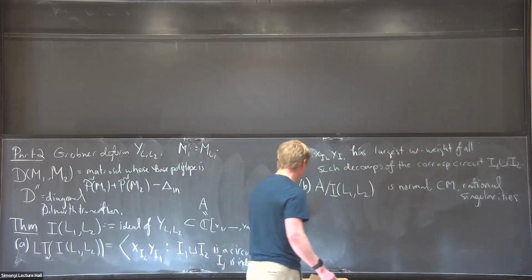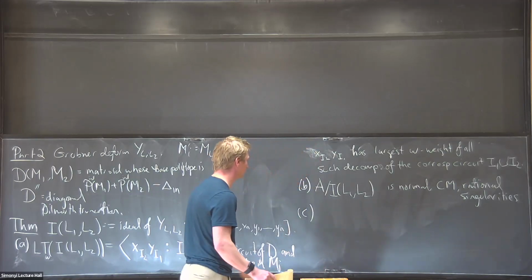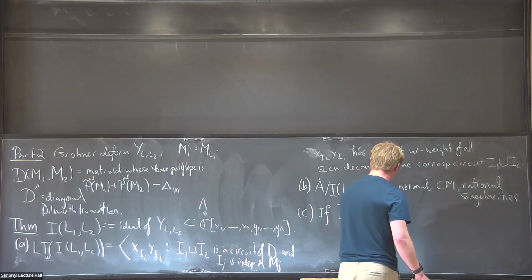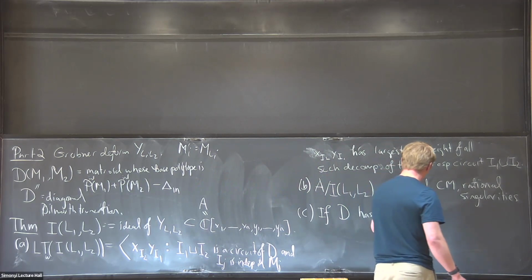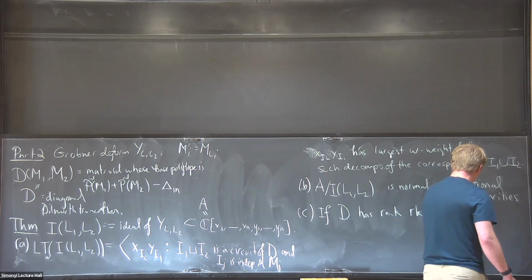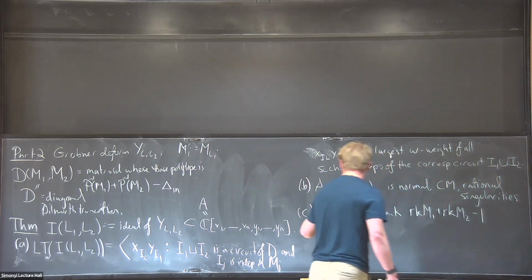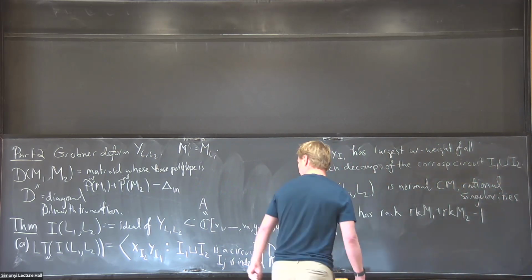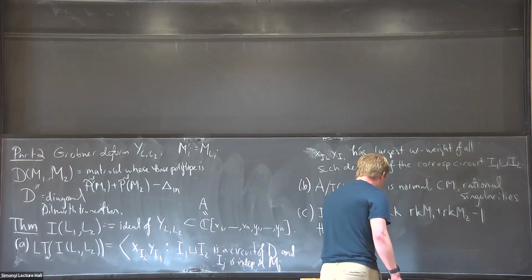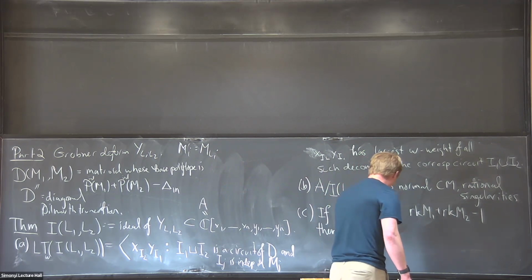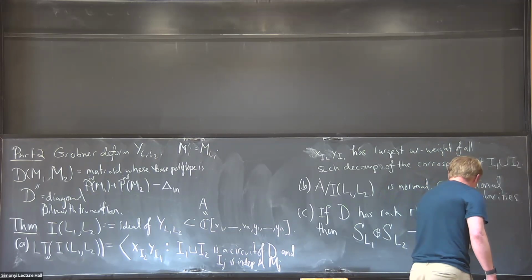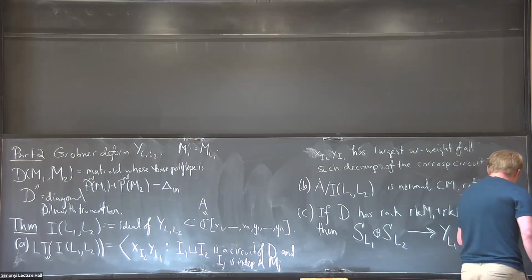And the last part is that if D has rank of M1 plus rank of M2 minus 1, then the map from the bundle to its collapse is birational.